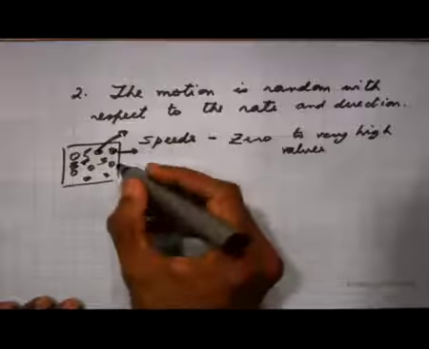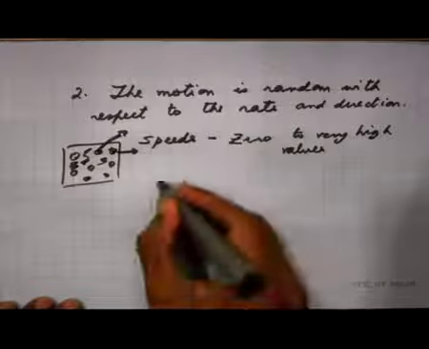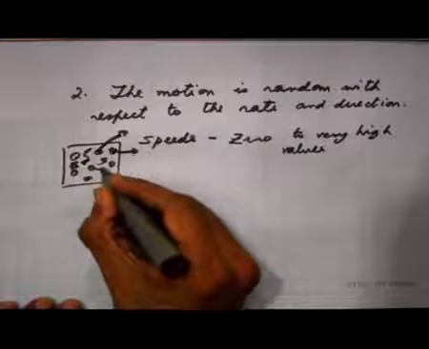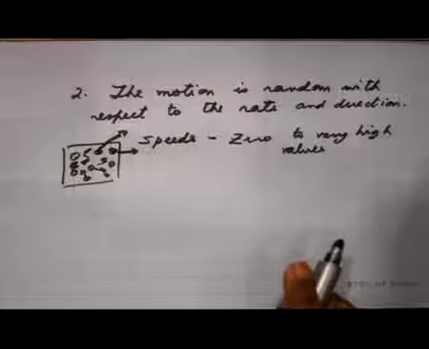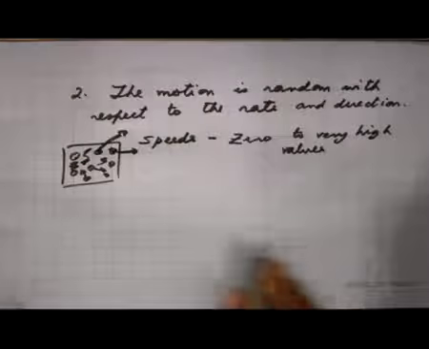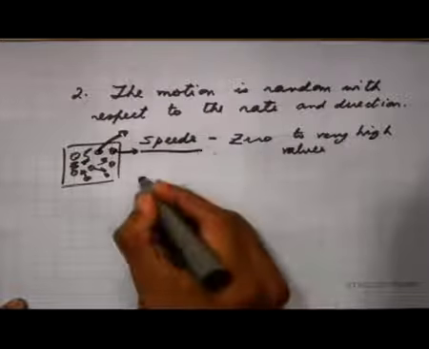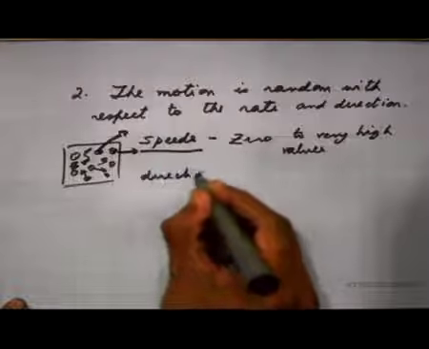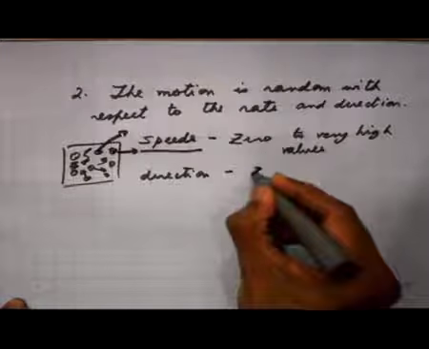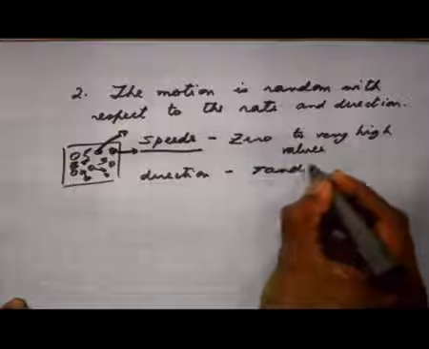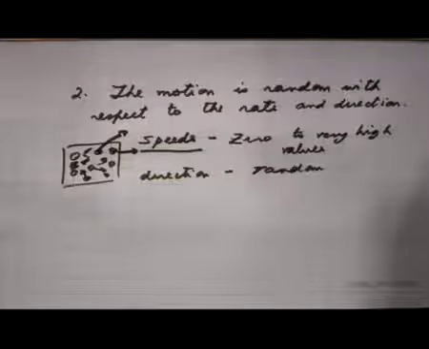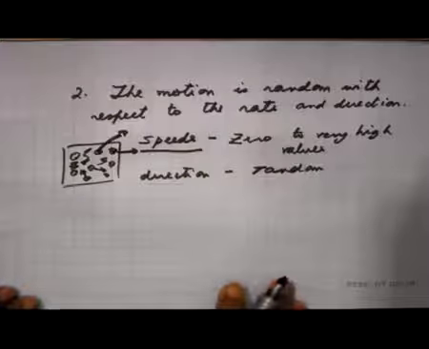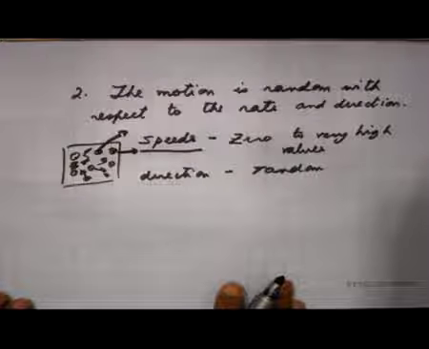They are also moving in random directions, which means that if one is moving in this direction, another one could be moving in a completely different direction. So, both in terms of speed as well as direction, the motion of the molecules in this model is random. Over all possible orientations, the molecules could move.